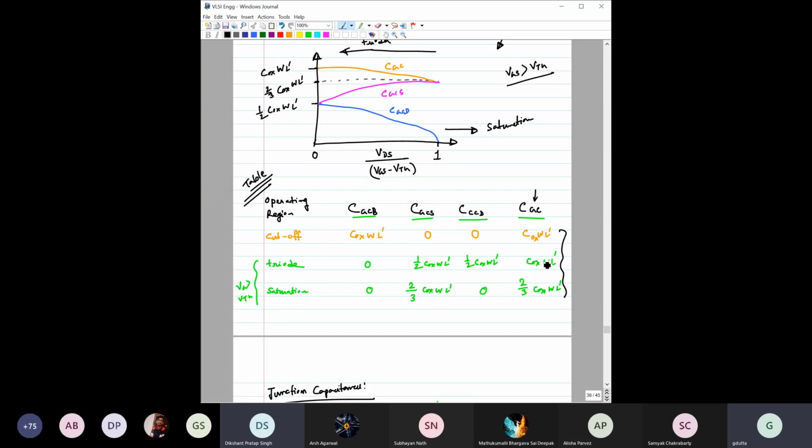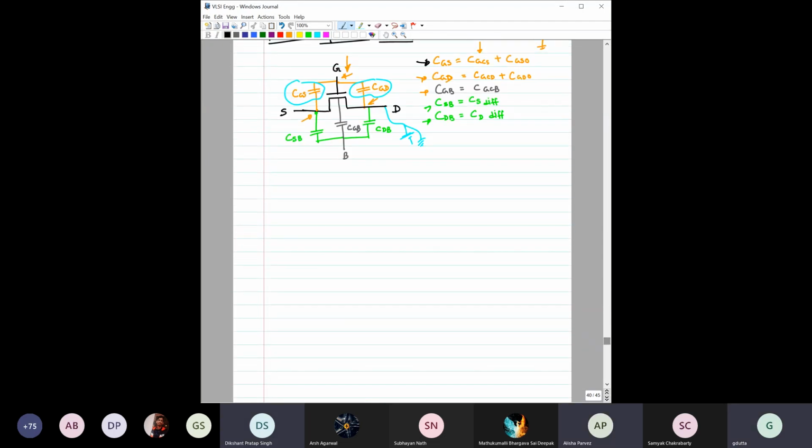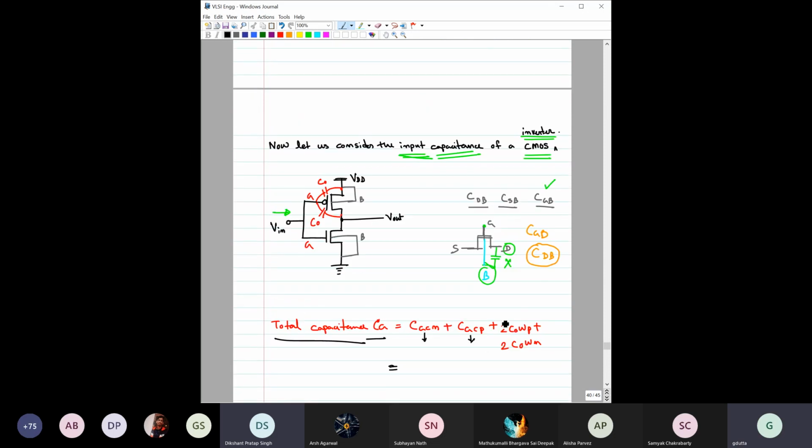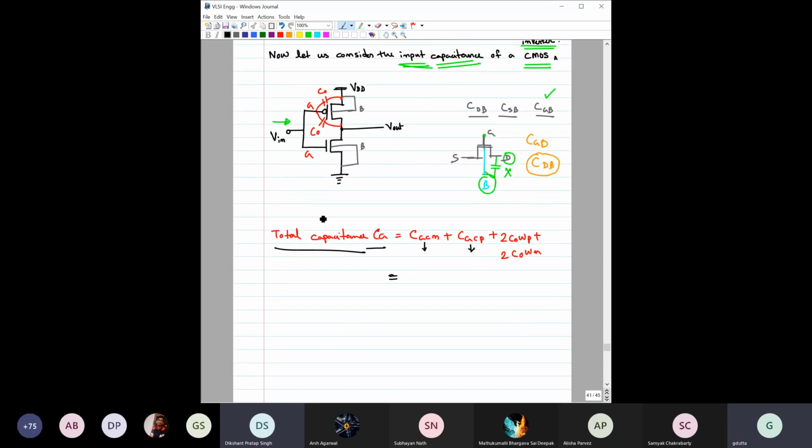However, when you are considering the delay, we always try to consider the worst case delay, right? The maximum delay is when the capacitance would be maximum. So considering that, we will take this value only. When we are considering this worst case delay, first let me write it.